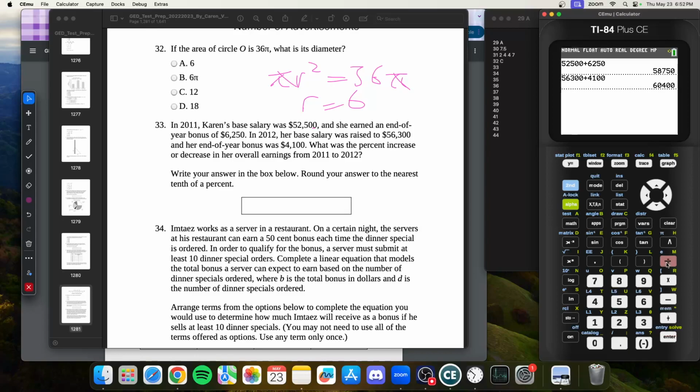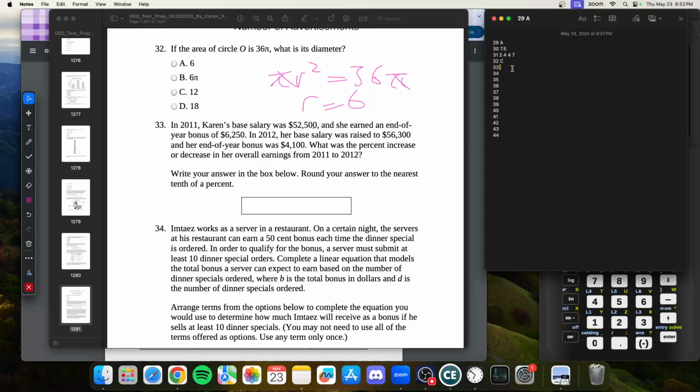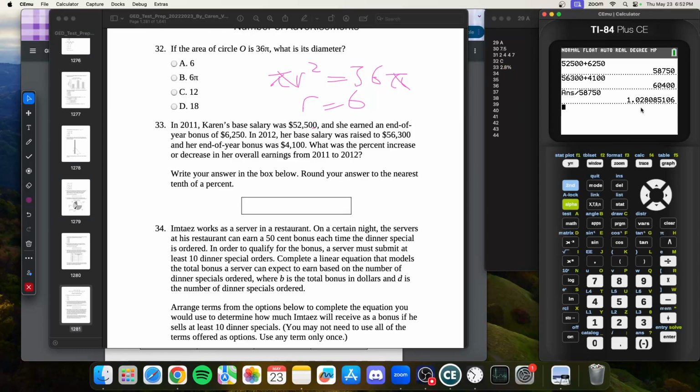So you do this divided by 58,750. So that's an increase of 2.8%. Yeah, so we get 1.028. Yeah, so 0.028 is 2.8%. You just have to know that.